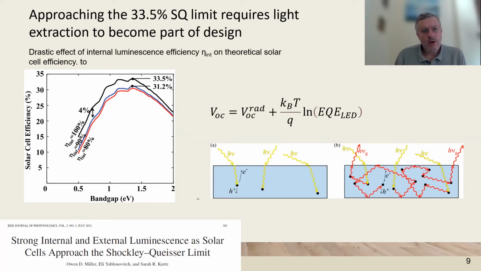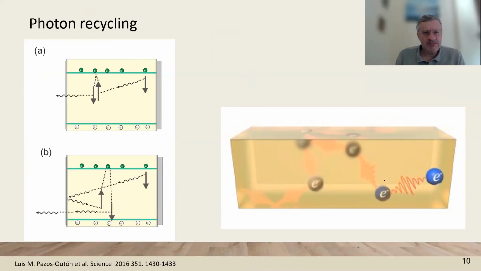So that when the recombination and the electronic quality has been made very good to avoid the recombination losses, then schemes of light extraction have to be used to improve the detailed balance and increase the efficiency of the solar cell. One effect that is important at these very high efficiency levels is the photon recycling.